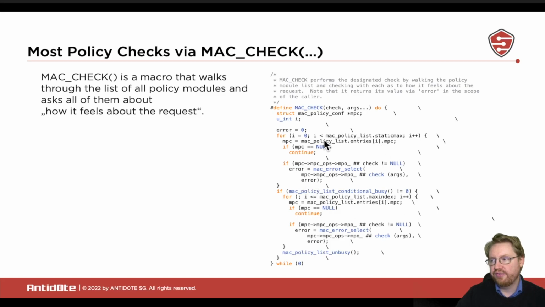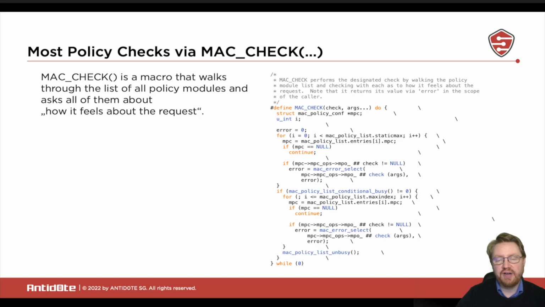So what it does first is it loops over all the statically compiled policies, and then it loops over all the dynamically loaded policies. In both cases, it's doing the same thing. It checks if the hook is implemented in the policy, and if the hook is implemented, it will execute the hook and collect the return values and feed them through the mac error select function.